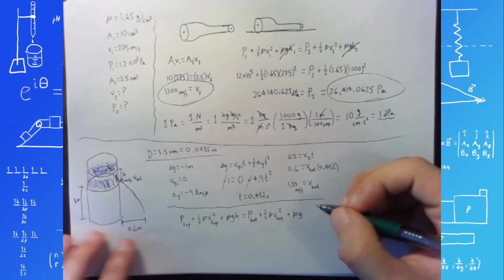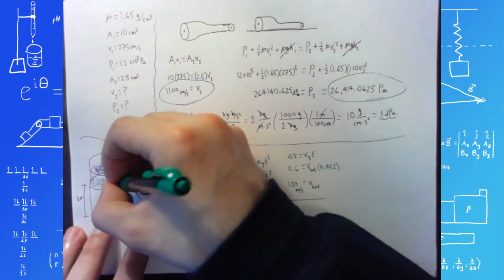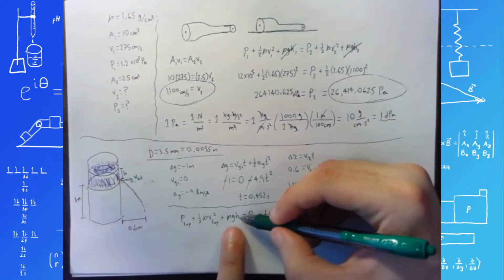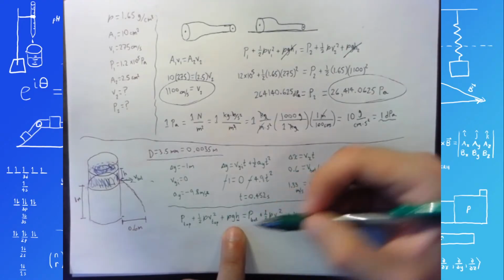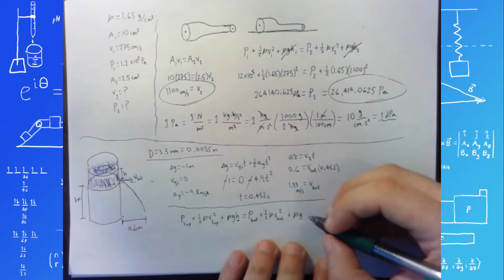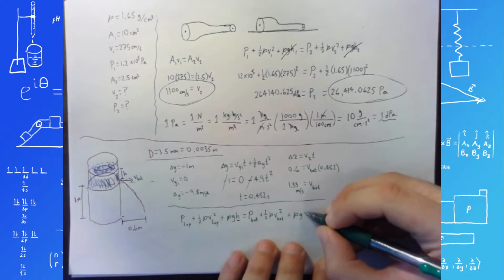Well, if I set this as my zero height, which is what I did, because otherwise it wouldn't have made sense to call this H, h bottom is just going to be 0.